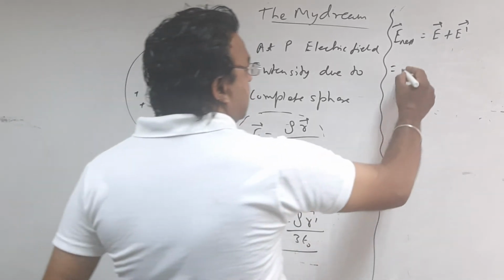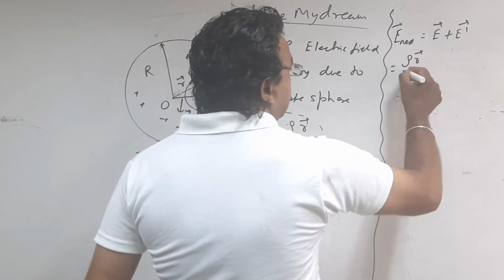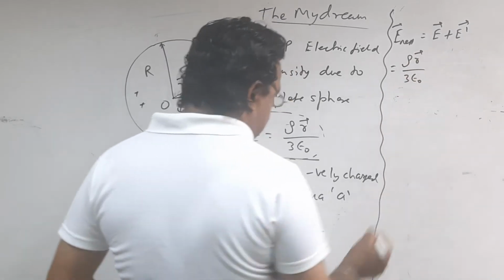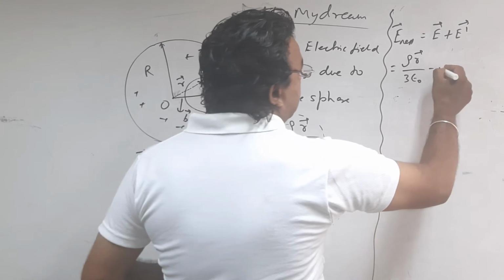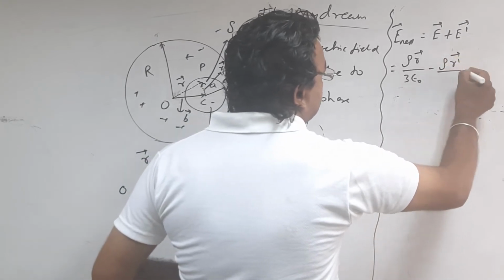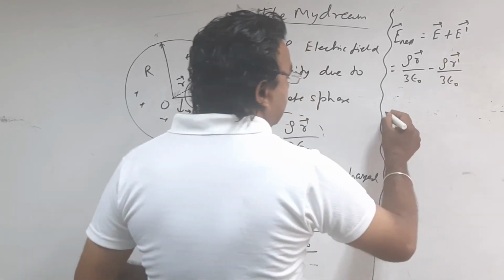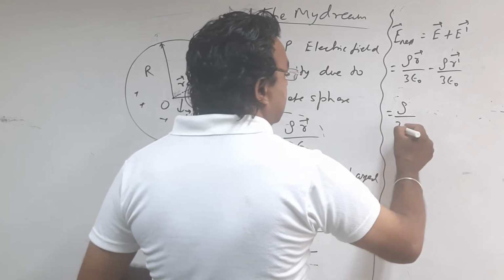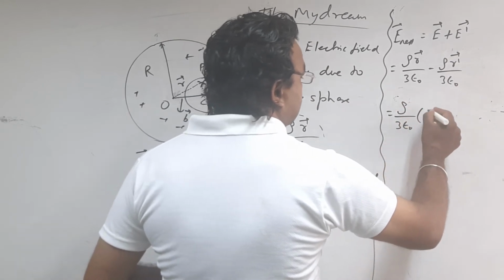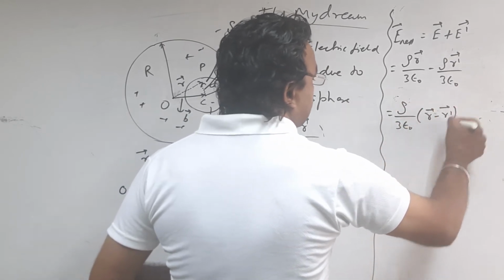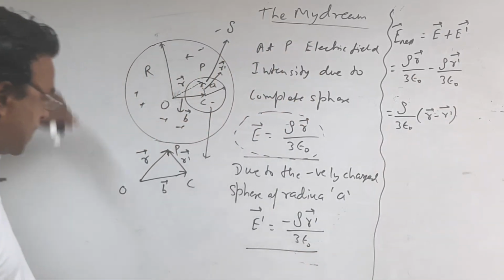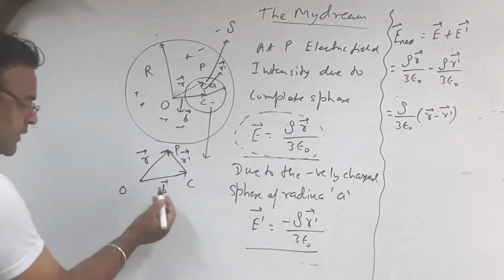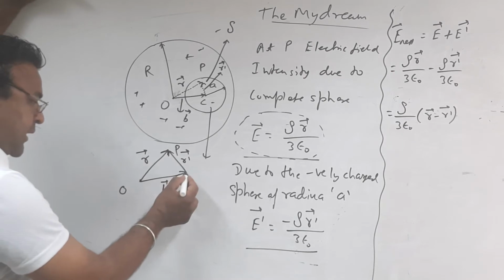E is rho r upon 3 epsilon naught, and here I have minus rho r dash upon 3 epsilon naught. Definitely rho upon 3 epsilon naught is constant, r minus r dash. Now look at this vector OC and CB.